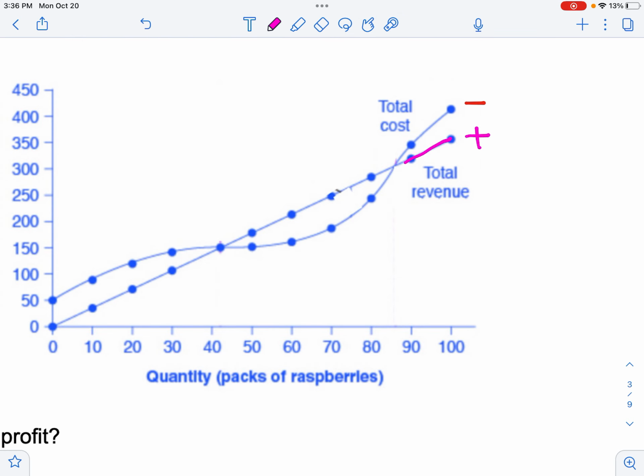This line right here, above the cost line, okay? So when is it above the other line, right? So that you can see is from here to here. So now I kind of just need to drop that down and see where we're at.